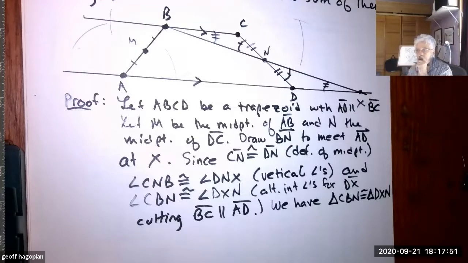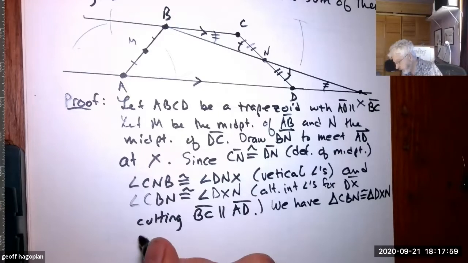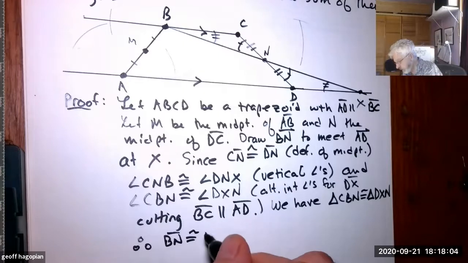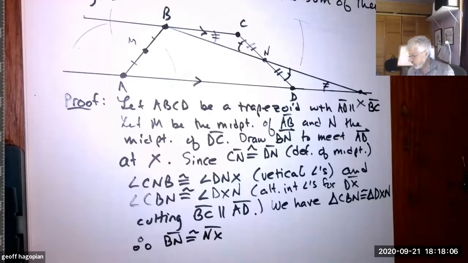In particular, BN is now congruent to NX. So therefore, BN is congruent to, what are we trying to show again? Oh, right.